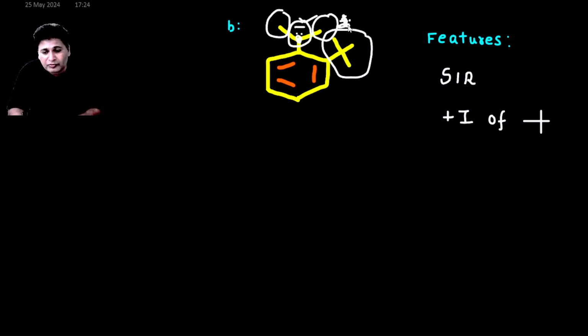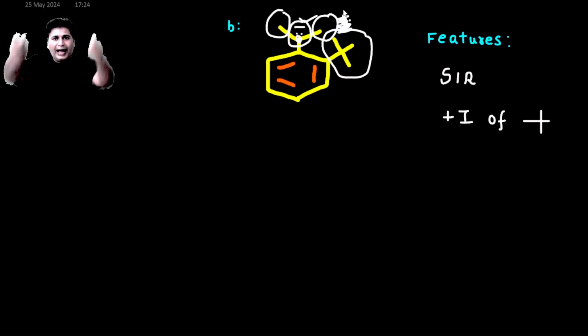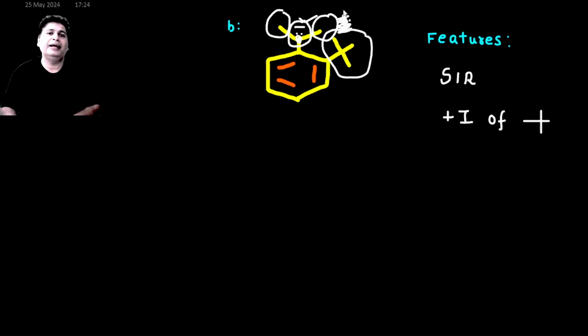However, because of this steric repulsion, it loses the battle. It has to avoid that repulsion. It tilts, and as it tilts, its p orbital is no more parallel to the pi system of the benzene ring, and it loses the resonance contact with the benzene ring, and the minus charge will not go inside the benzene ring.